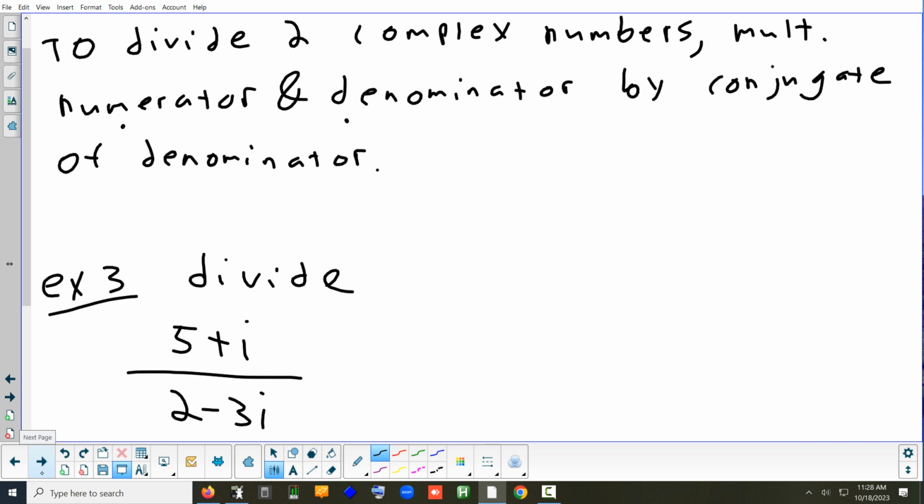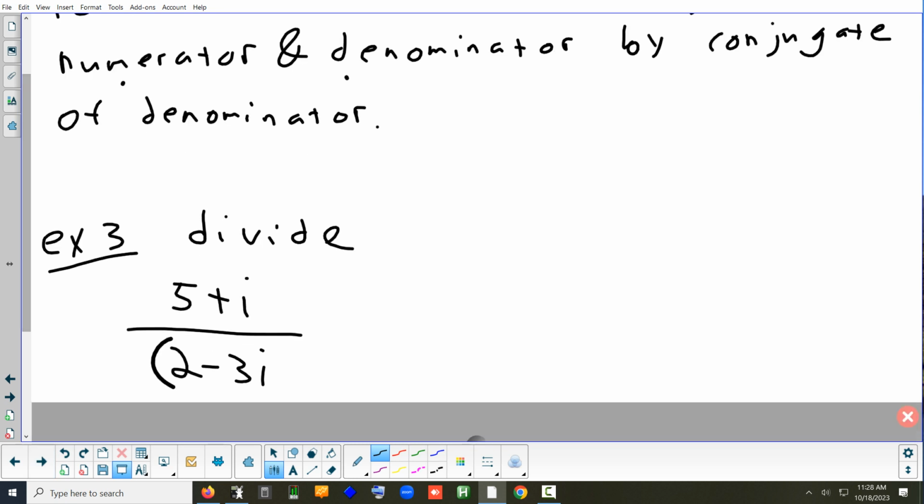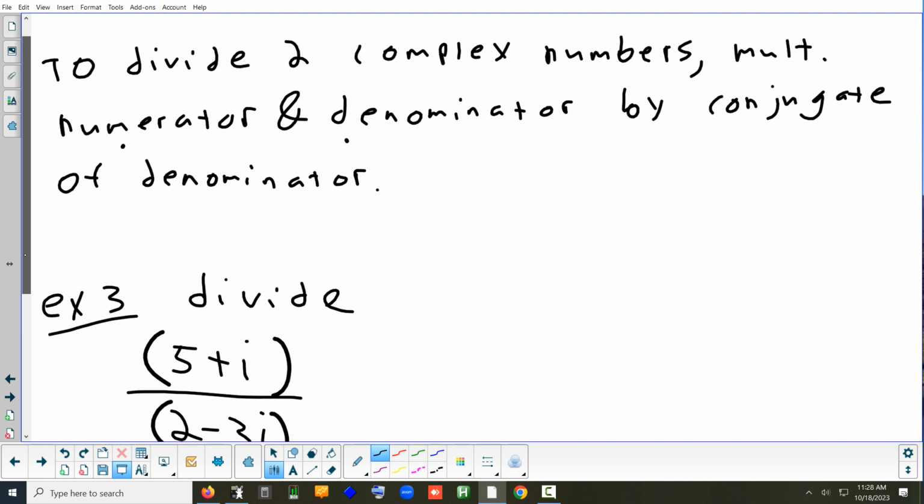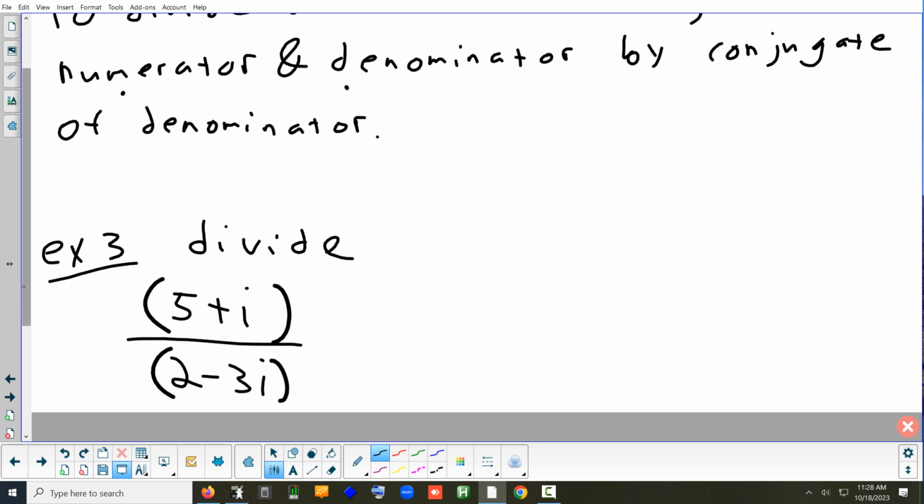So first thing we have to do is just identify what the conjugate of the denominator is. What's the conjugate of the denominator in this case? 2 plus 3i. So what I do, because we're going to FOIL, I just put it in parentheses. And now multiply the top and the bottom by 2 plus 3i.